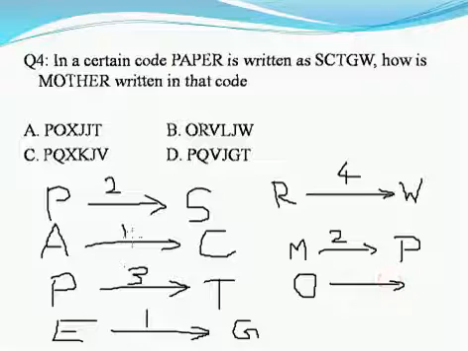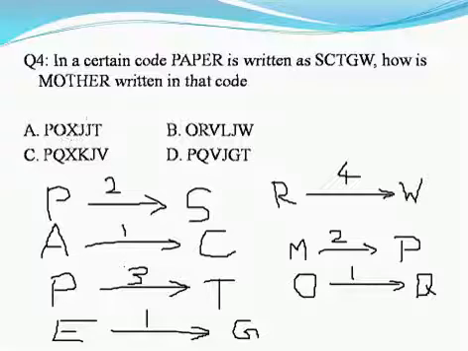So we need to check for the second one, which is O. For the second one, what is the key? It is only 1. Okay, so after O, what comes? O, P, P will be here, Q. So if I add 1 to O, I'll get Q. So L, M, N, O, P here and Q here. So first letter is P, second letter is Q. So we have 2 options again.